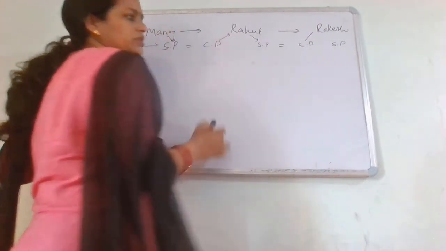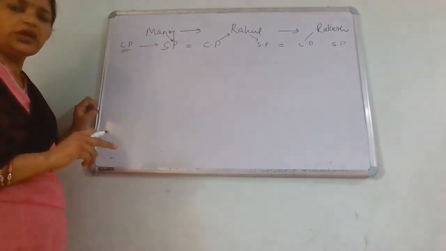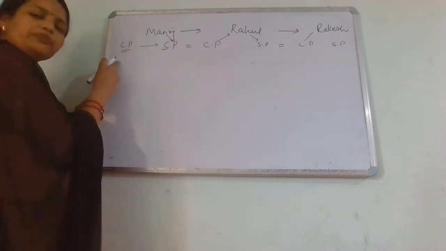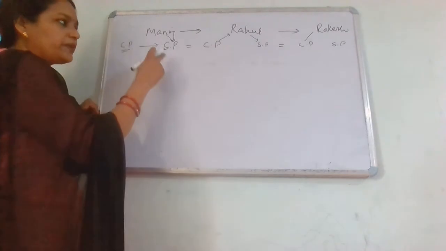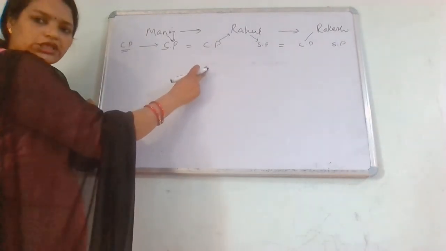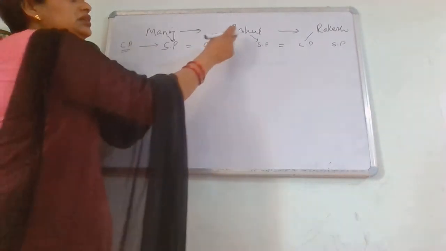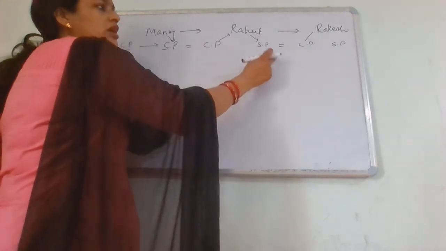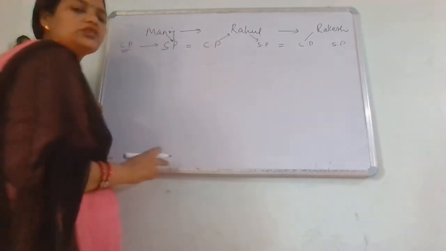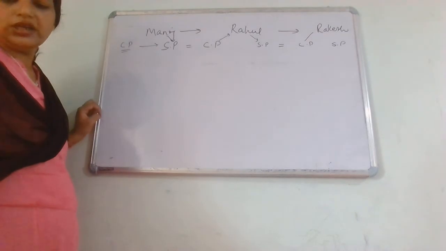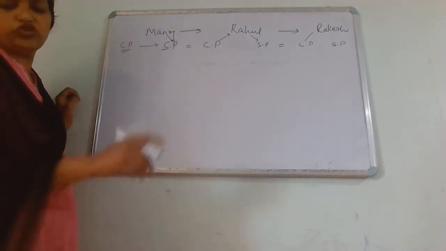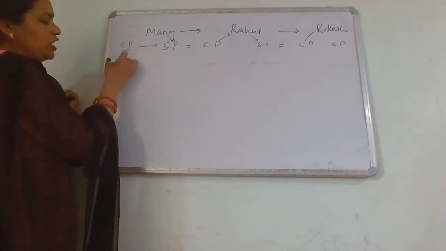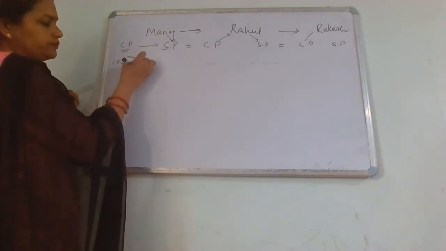So these two terms are equal. So here you have to understand Manoj will purchase something and sell it to Rahul. So the selling price of Manoj is equal to cost price of Rahul, and the selling price of Rahul is equal to the cost price of Rakesh. So what is given here? Manoj purchased a video for rupees 12,000. So here CP of Manoj is 12,000.